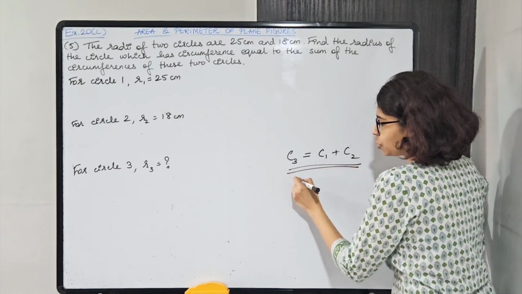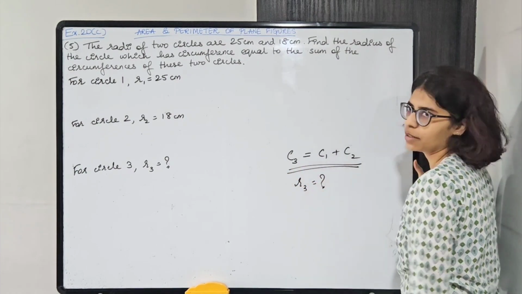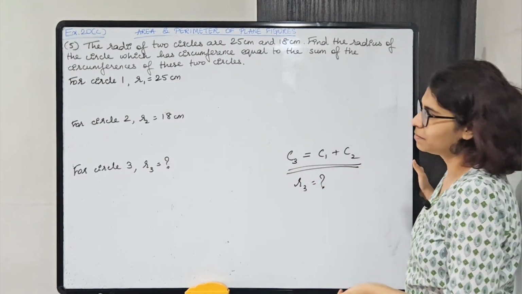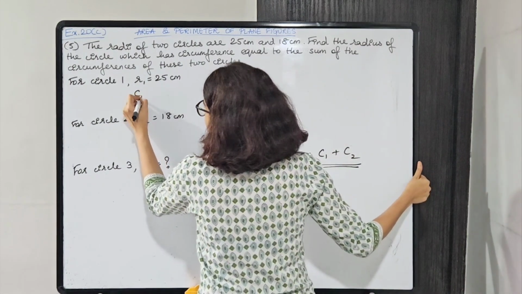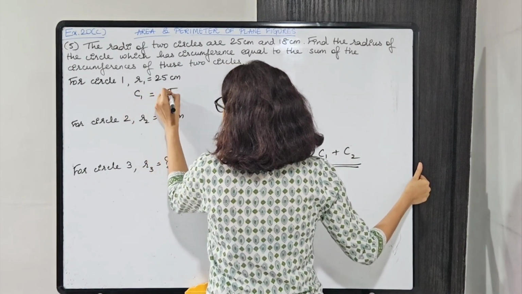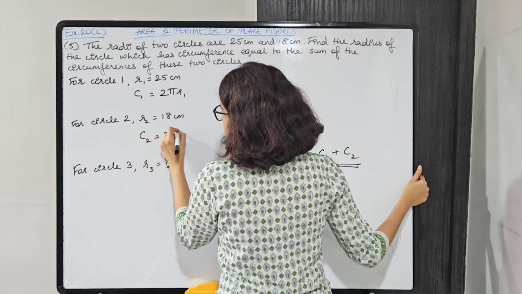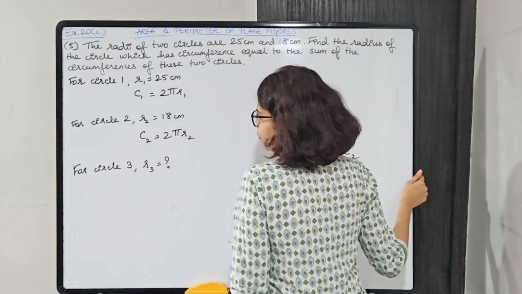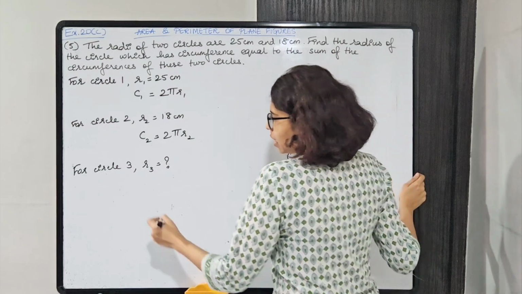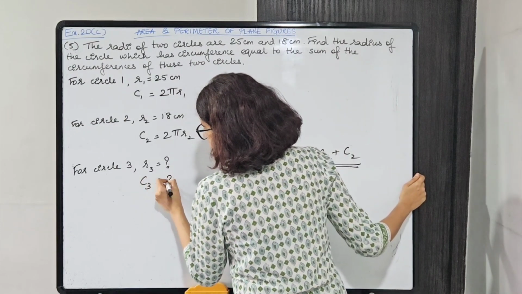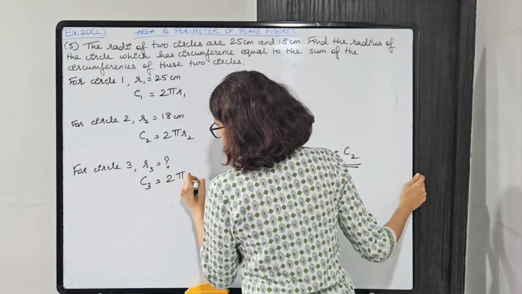By solving this I have to find out R3. It is very easy. Circumference C1 will be 2 pi R1. Circumference C2 will be 2 pi R2. And same way C3 will be 2 pi R3.